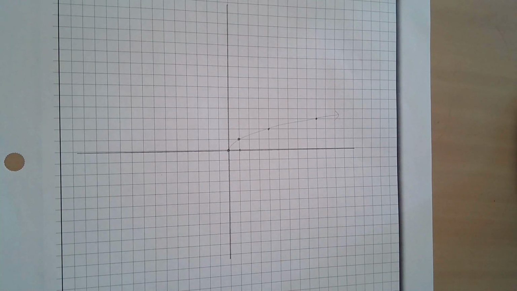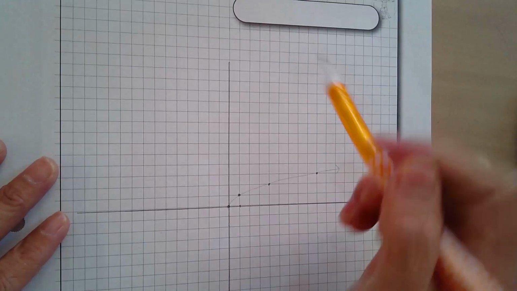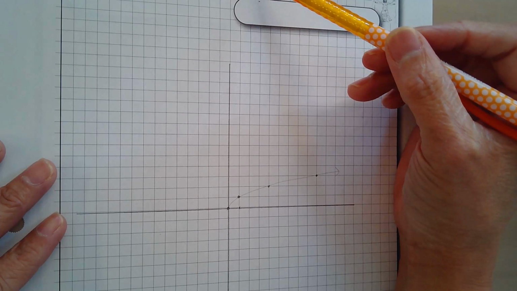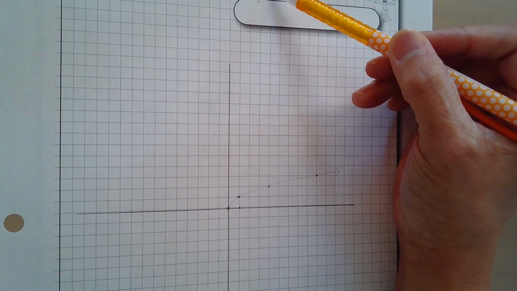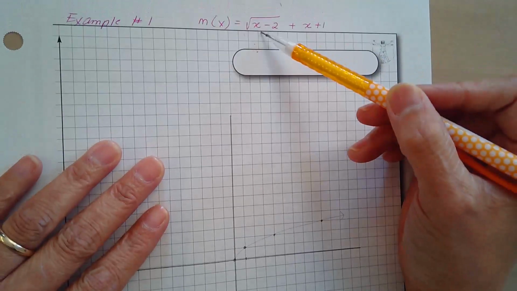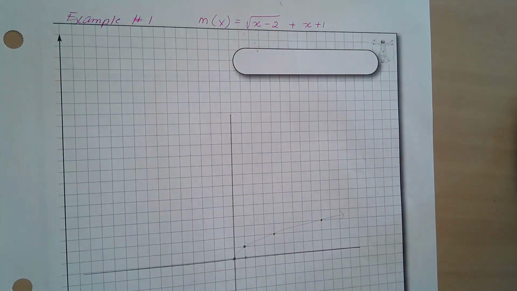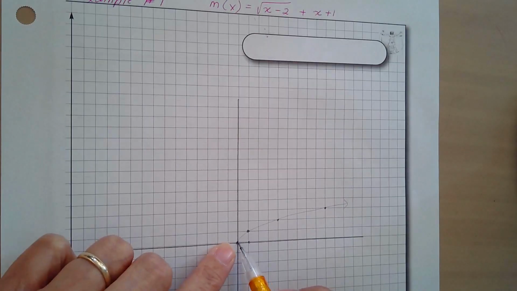We remember that. Okay, I'm going to do it very lightly because that's not what we wanted as a final graph. We want it to be x minus 2. So it's going to be shifted to the right 2. Every point shifted to the right 2. So this shifted to the right 2. Now it's right there.